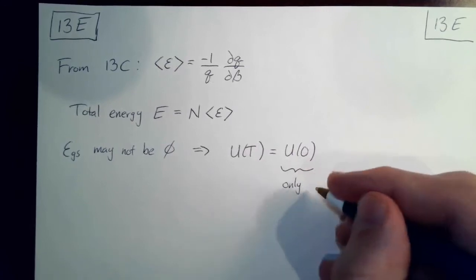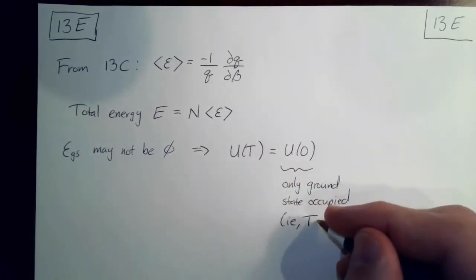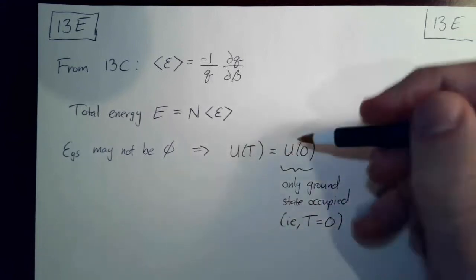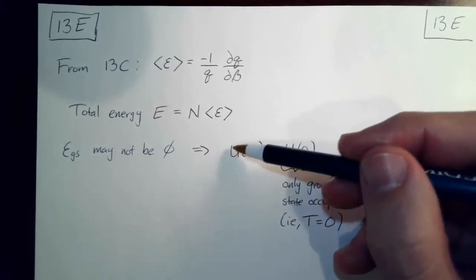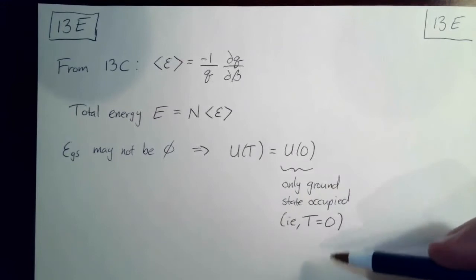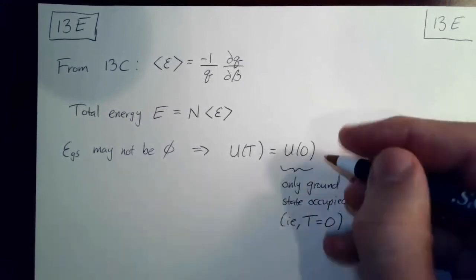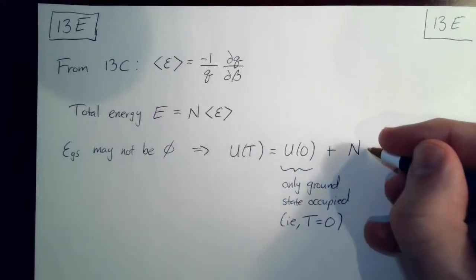Only the ground state, which is what you would expect if the temperature was 0. Hence the reason it's written U of 0. Okay, so the internal energy is going to be the ground state energy, where each molecule is in the ground state, plus this total energy above the ground state.